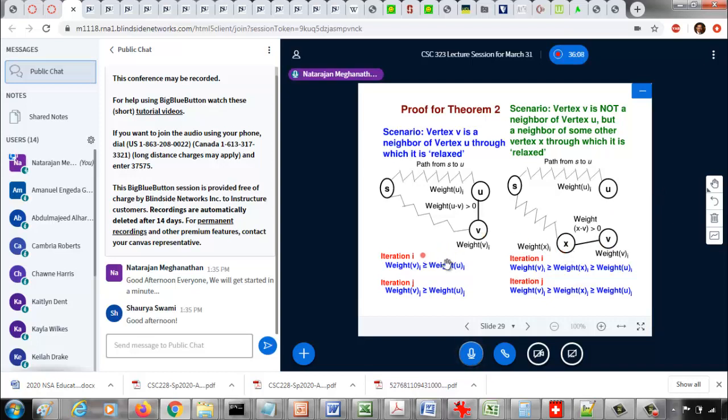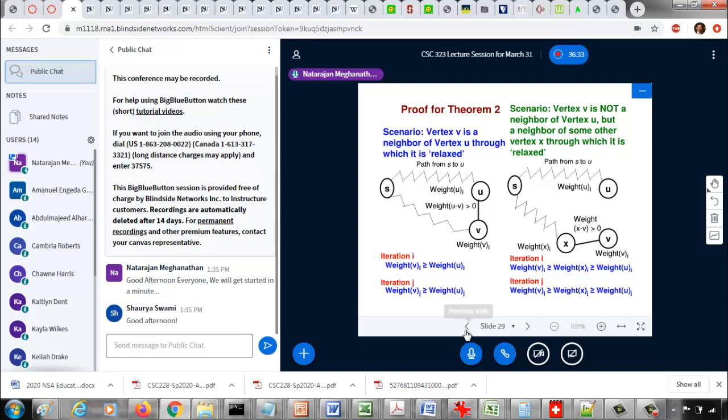Now again, in the earlier iteration i in which we optimized u, we optimized u because among all the vertices that were not yet optimized, u had the smallest estimated shortest path weight. That's why when we dequeued the queue, u came out and we said we have optimized u.